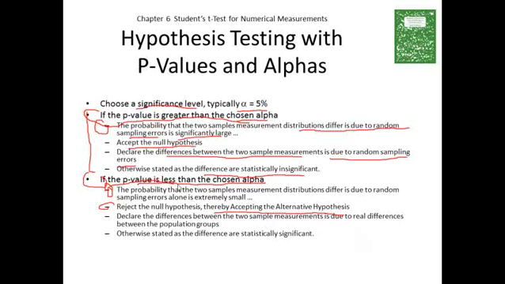My probability that they're due to randomness is less than my significance level, so I cannot claim it's due to randomness. I'm going to reject my null hypothesis, accept the alternative hypothesis, and declare the differences between the two sample measurements are due to real differences between the population groups.